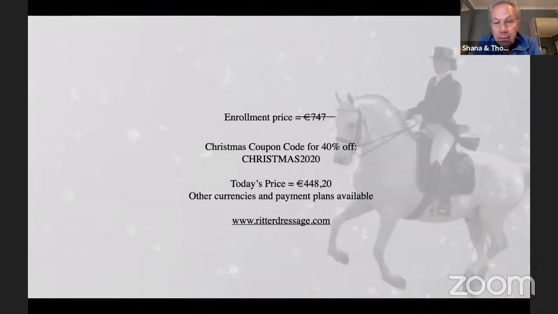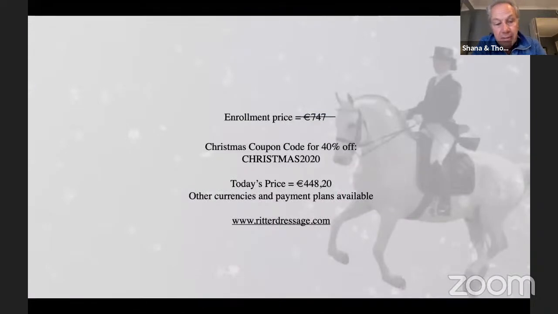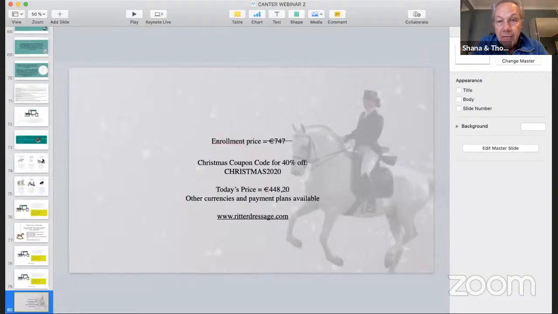And the result is not only a good canter. You can talk about everything else that comes with that. Yeah, true. Like Shanna says, the outcome of the course is not just that you're getting a better canter, but of course you improve your understanding of the training, you're learning to analyze, to diagnose, you're learning to come up with solutions.